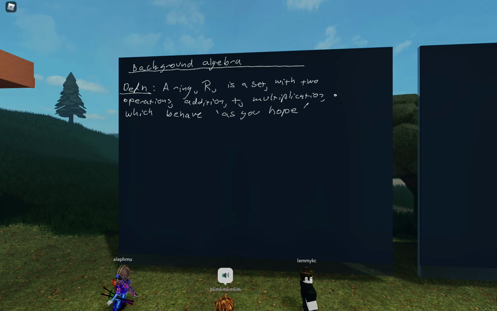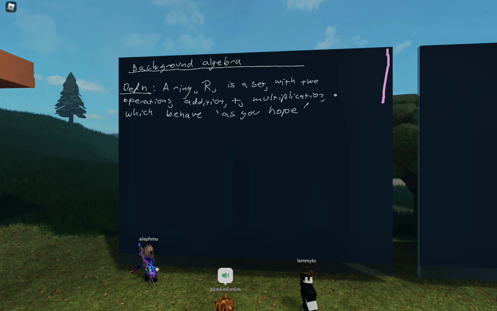I should say that everyone has their own specific definition of a ring, depending on what they're using it for. Sometimes people have different extra axioms, and other times they have fewer, but I'll just go through the ones which we'll be using.